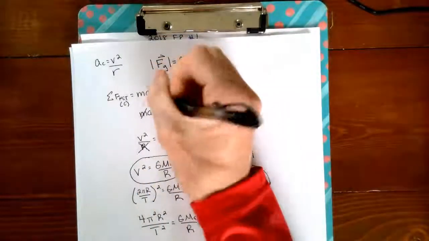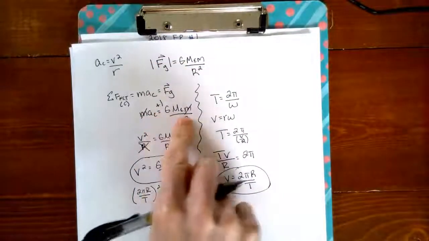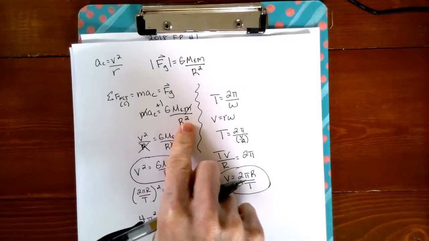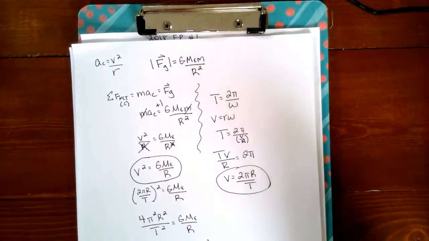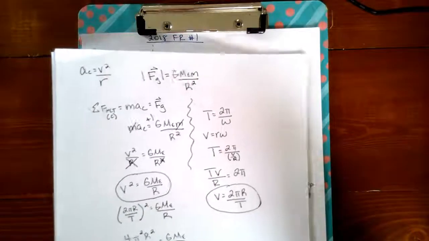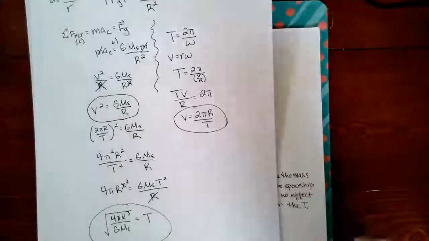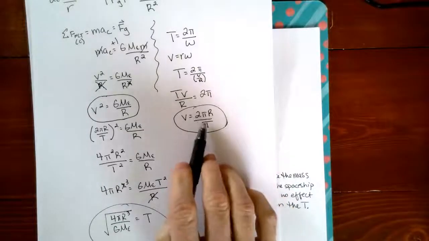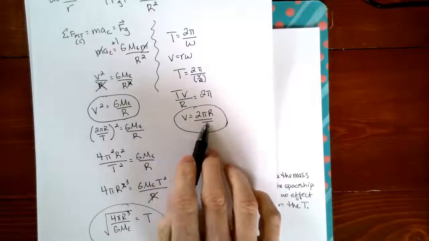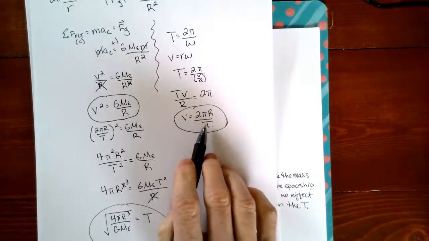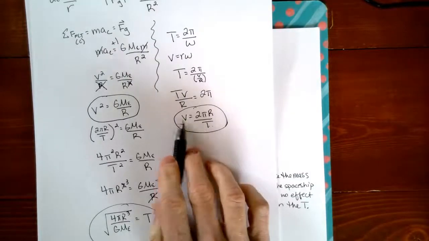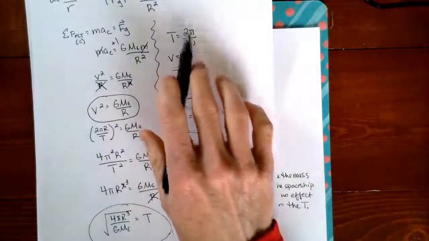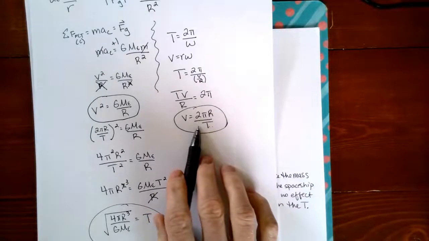And then there was another point that was gained by taking period and velocity and relating the period to the velocity. You could do that several different ways. You might have even just jumped right here to it. But if there was a link shown between the period and velocity and how you arrived here, that was worth a point. So 3 points.